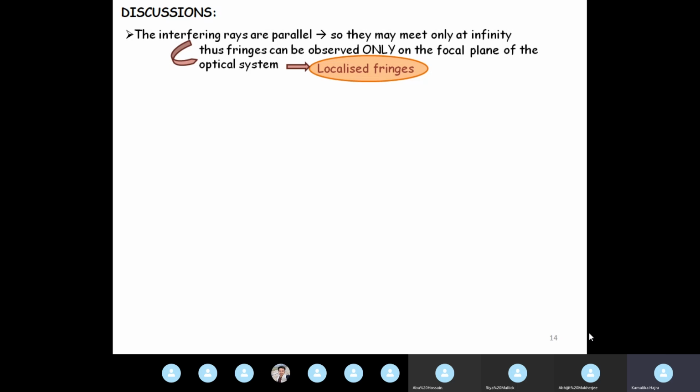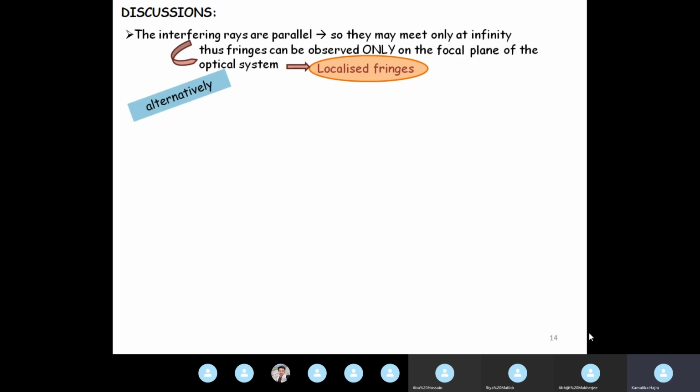Because the interfering rays are parallel and they can be made to superpose on each other, thus producing fringes only on the focal plane of the observing system and nowhere else. So fringes are formed only on the focal plane of the observing system and nowhere else. Therefore, they are called localized fringes.